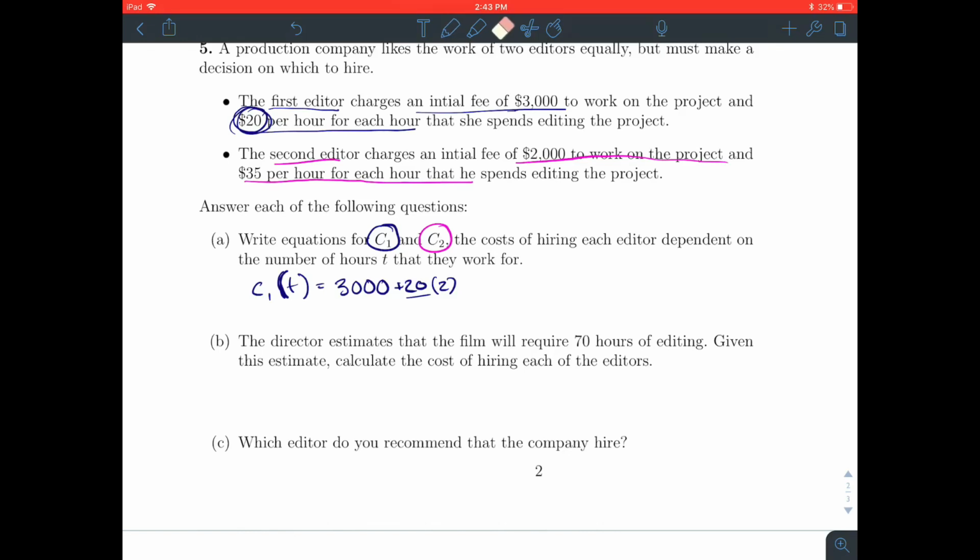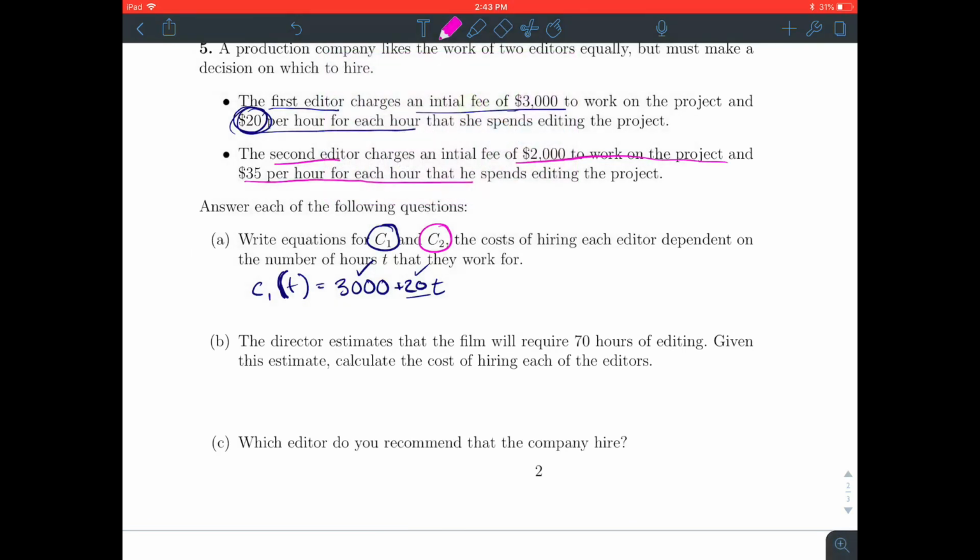If they work 3 hours, they'll make 20 times 3 because it's $20 for every hour. And so forth. If it's 10 hours, they'll make 20 times 10. In general, we want to come up with an equation for if they work T hours. So they make $3,000 to start, $20 an hour times T hours.